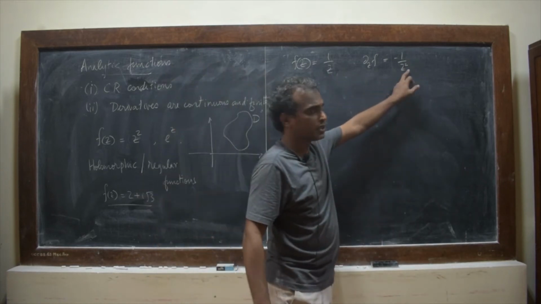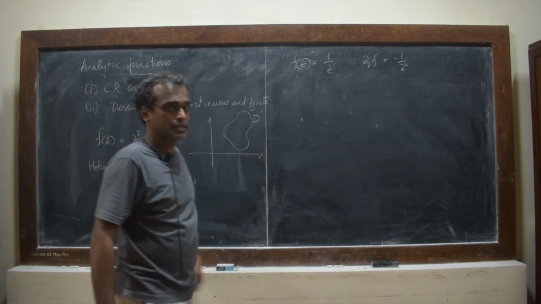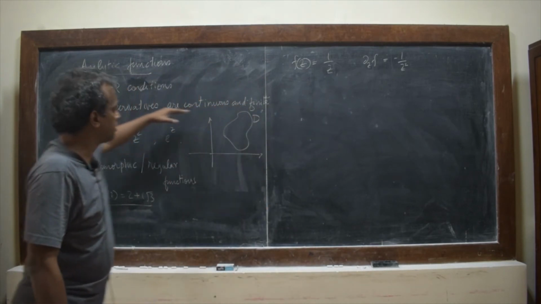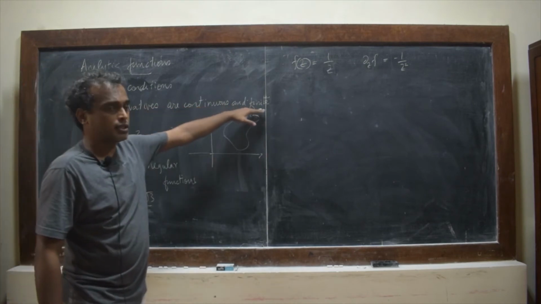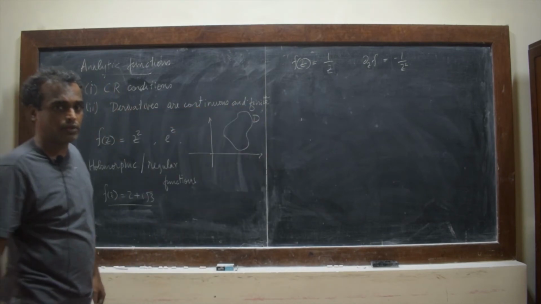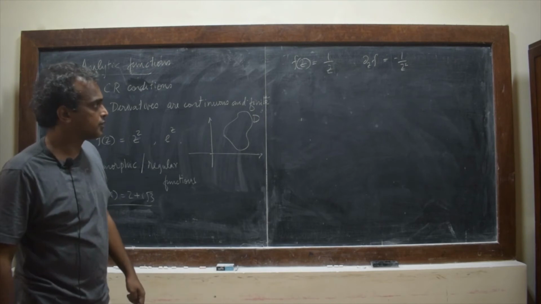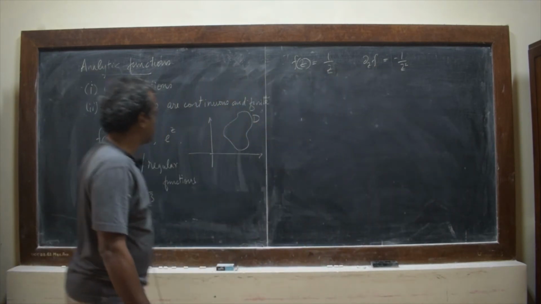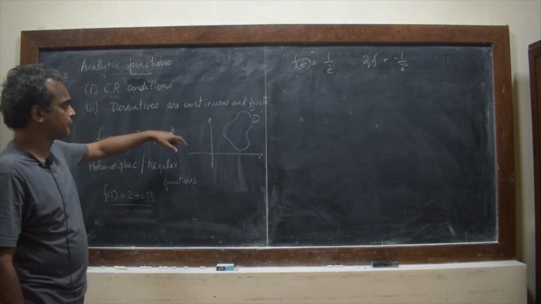At z equal to 0, it clearly becomes infinite, and thus it stops obeying the second condition, the second requirement for the function to be analytic. So, we can say that such a function stops being analytic at origin.